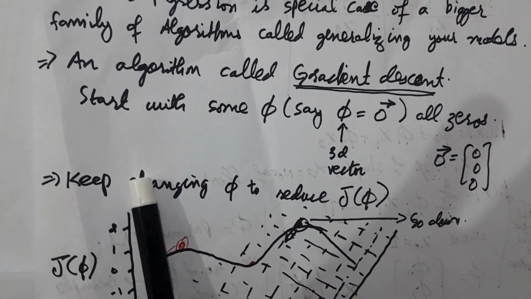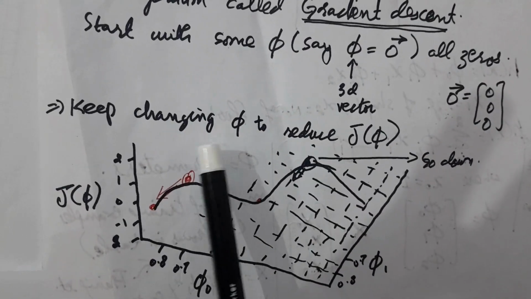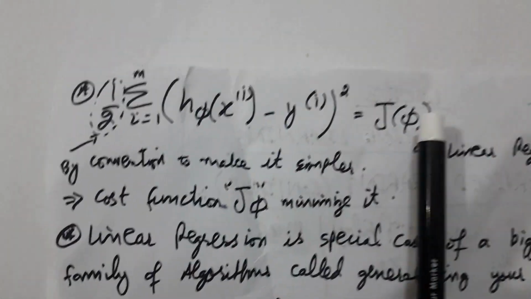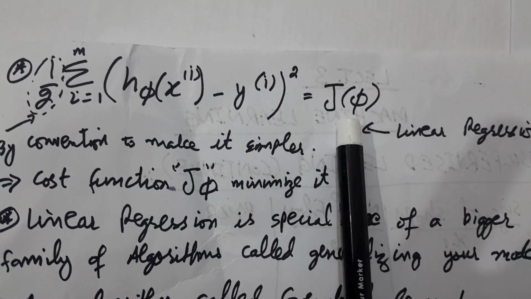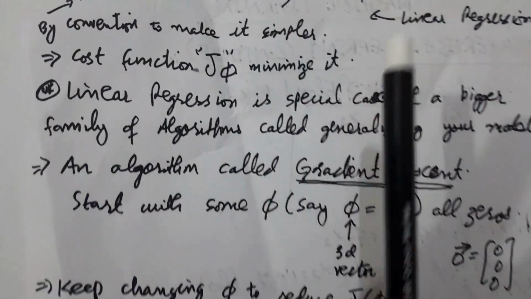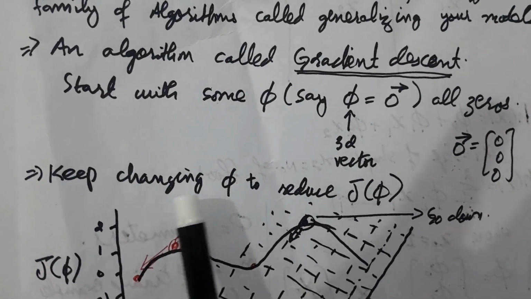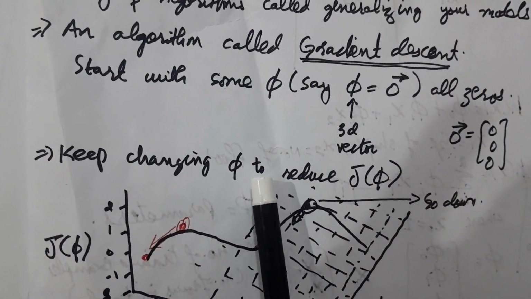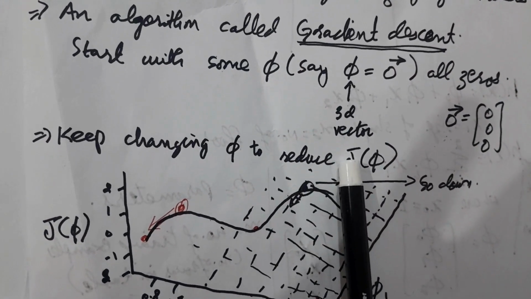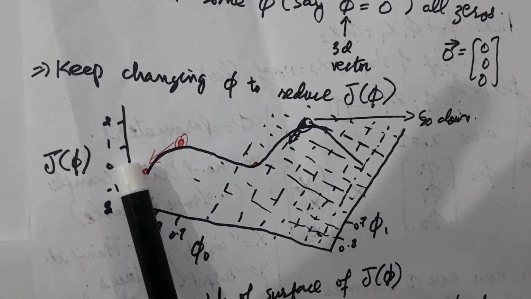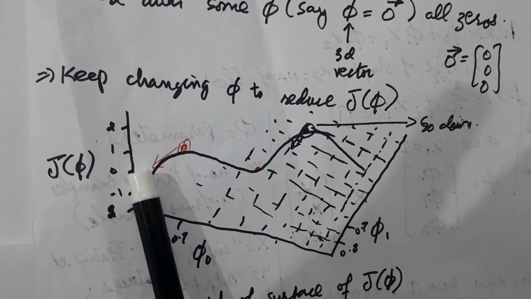Now what we are going to do is keep changing phi to reduce J(phi). I have already told you that J(phi) is the cost function and we are going to minimize it. How are we going to minimize it? Keep changing phi. In other words, we are going to change phi and reduce that function. So I'll try to explain gradient descent.